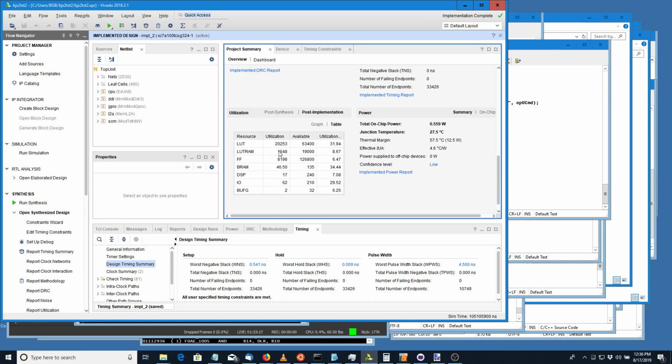The current prototype uses comparatively rather small L1 caches, but this works mostly for timing reasons. And 8,000 flip-flops, yeah.